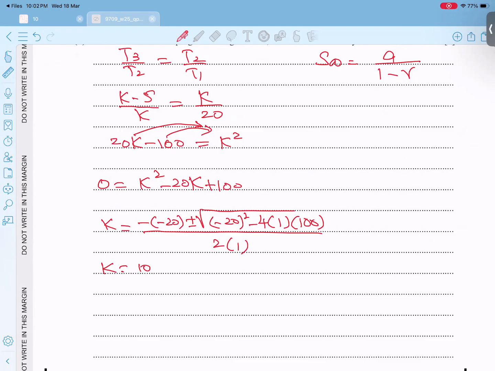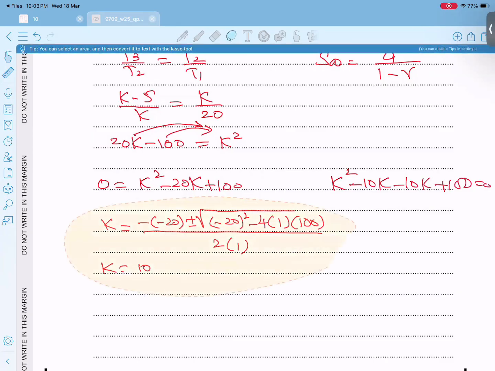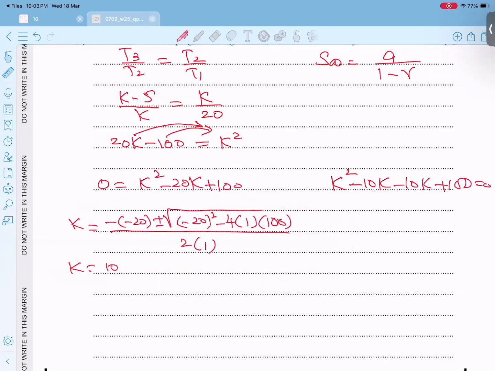Your k value is coming only 10, no other number is coming, because of the repeating root. We can apply factorization also. What can we factorize? 100 is 10 times 10, so negative 10k, negative 10k, and that is why we get the same answer. Let me show you the second method.